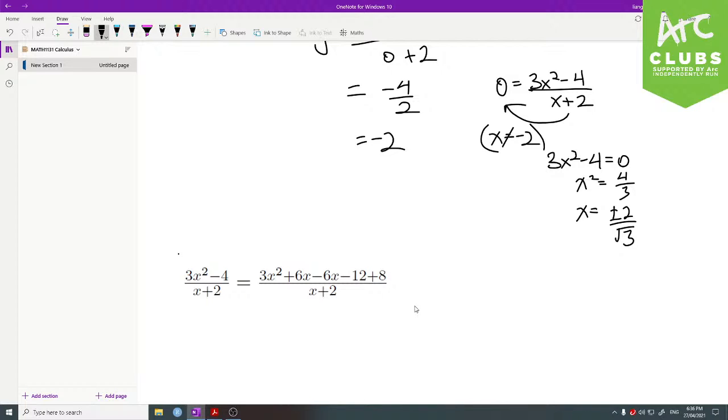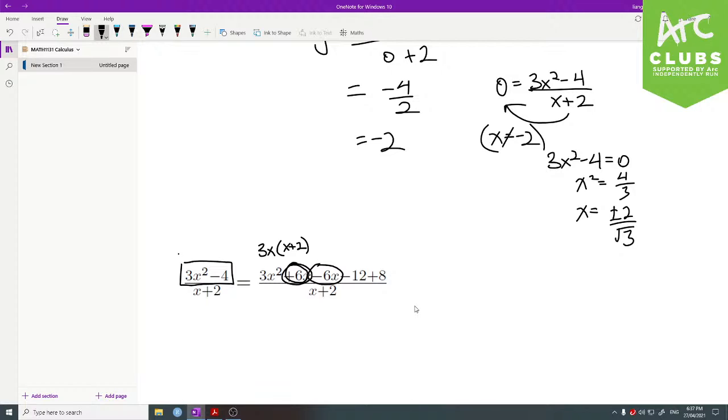So I purposely added a 6x here, such that when I factorize out 3x, I'll be left with x plus 2. And then after that, I purposely subtract 6x because in the original numerator we did not have a plus 6x. So I had to compensate for having added a positive 6x by subtracting 6x.